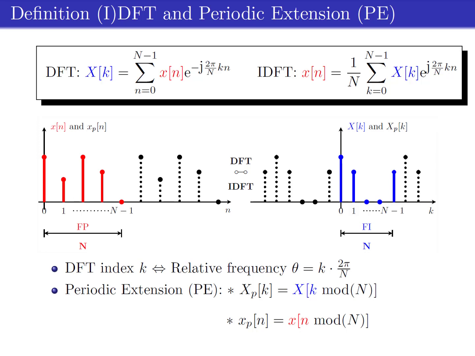In practice, the signal samples x[n] can be the result of sampling a signal which is periodic, non-periodic, finite or infinite duration. In the following slides we will explain the consequences of choosing the DFT length N for each of these signal types.